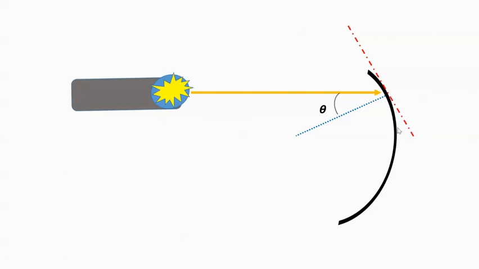There's the angle of incidence. That same angle on the other side gives you the angle of reflection, and that is where you would draw the reflected ray. Another example: tangent line, line perpendicular to the tangent line, angle of incidence, angle of reflection, and there's a reflected ray.